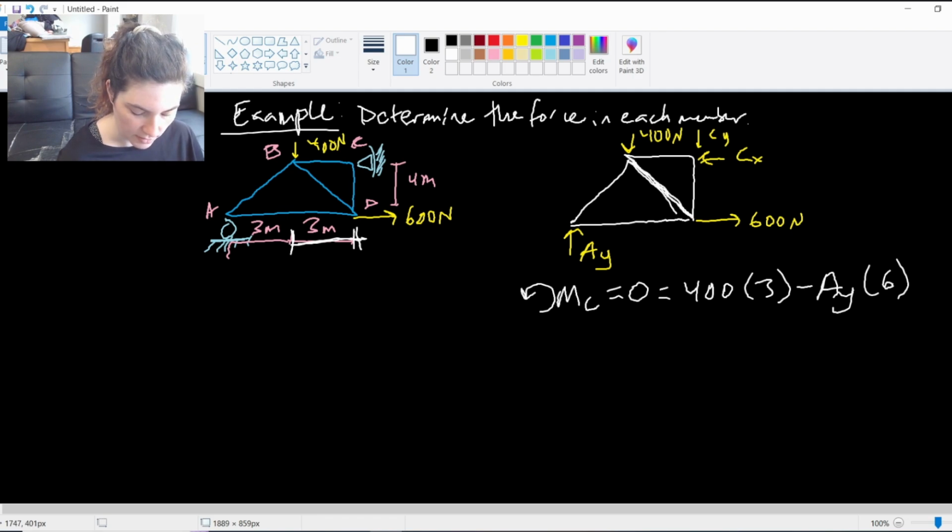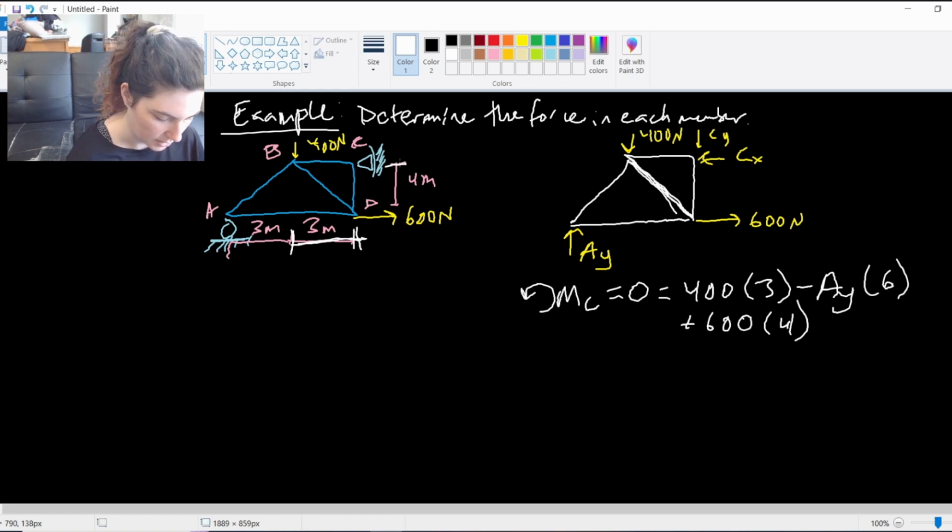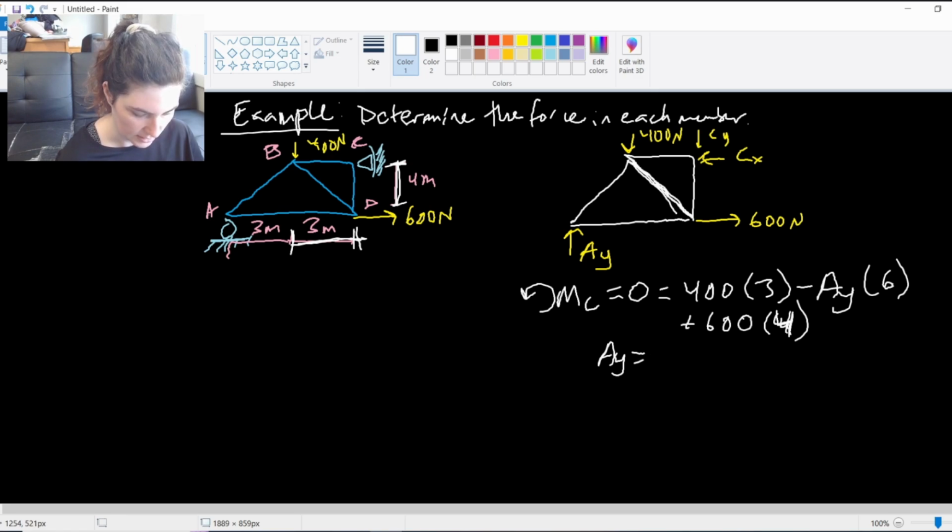And then finally, we have that 600 Newton applied force plus 600 times that 4 meter distance below the pin.